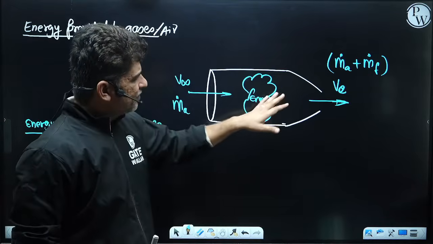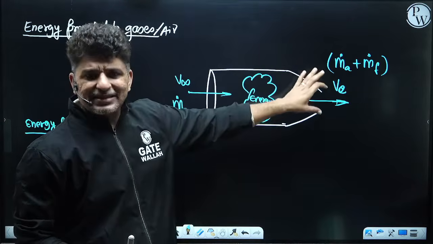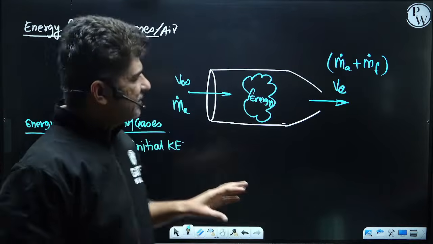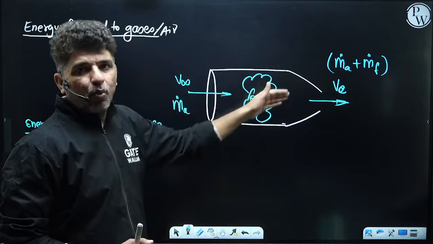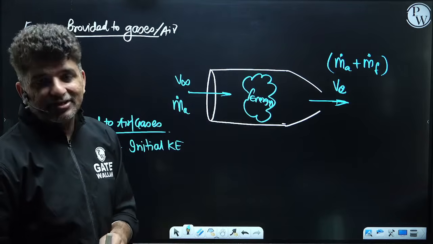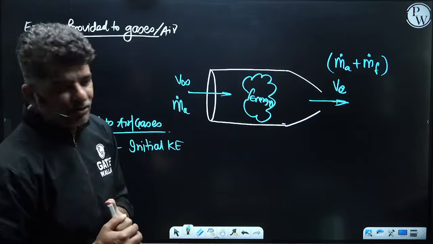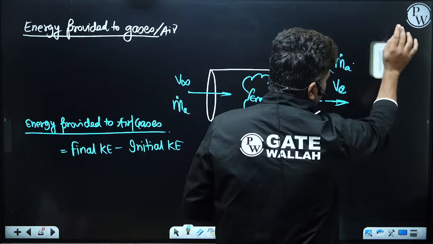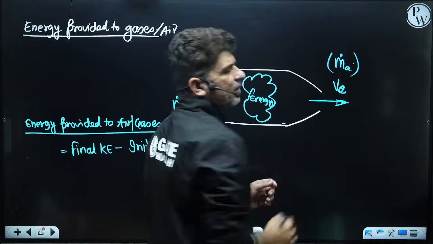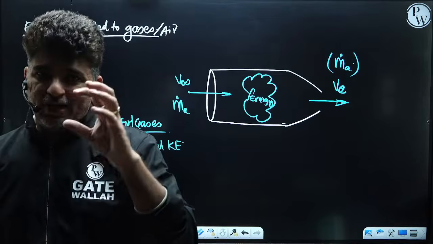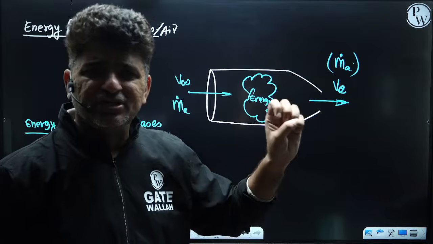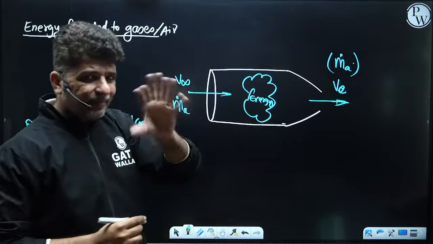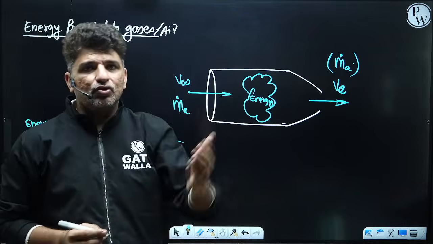But let's say we want to keep it very simple. If there is only air which is getting energy, what is the change in energy of the air? That is the power that you are providing. So if we are considering only air, then you can remove the mass flow rate of fuel. In case of a turbojet engine, a slight difference will be there, but let's understand the very basic principle first, then we will go to complexities.